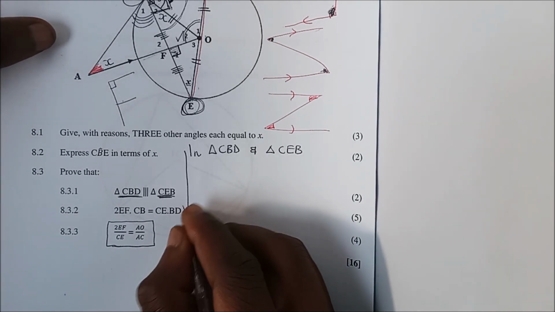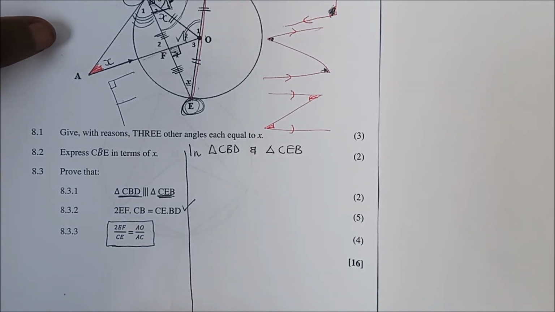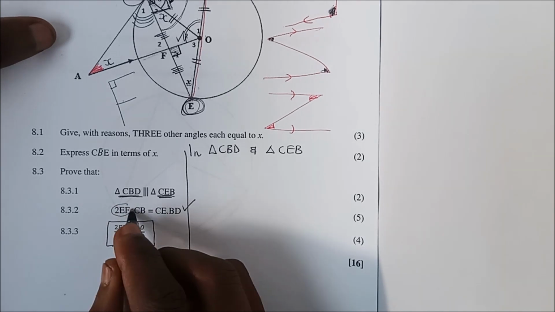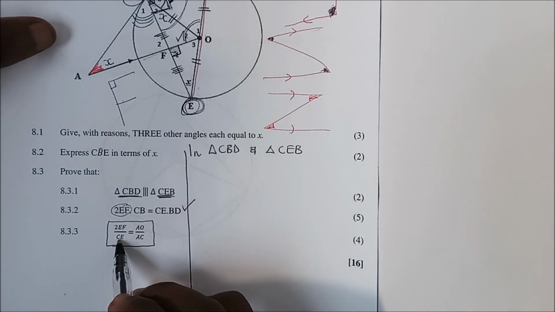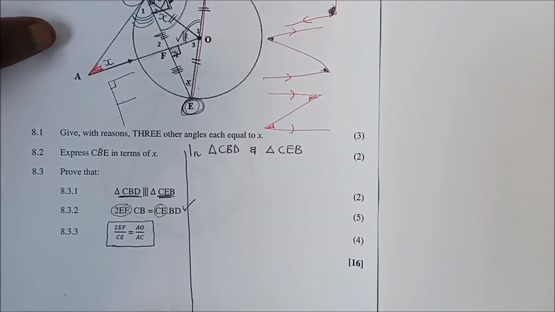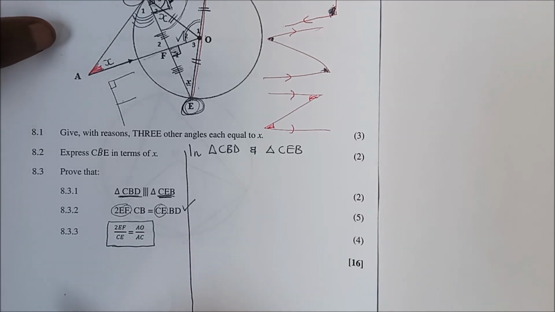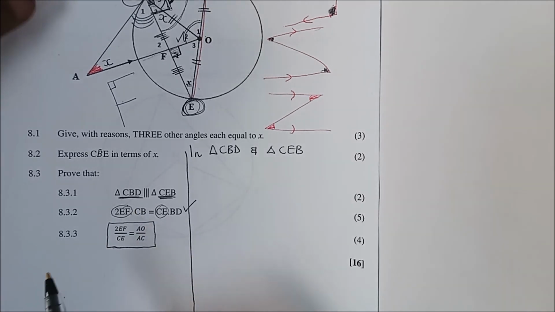It's similar to that part. Why am I saying that? Because we have 2 and then we have EF, that's the part, and then we have CE, that's the part. The only thing that we don't have is CB and BD. So for us to be able to prove that 2EF over CE equals AO over AC, we're going to have to use this one and manipulate it.